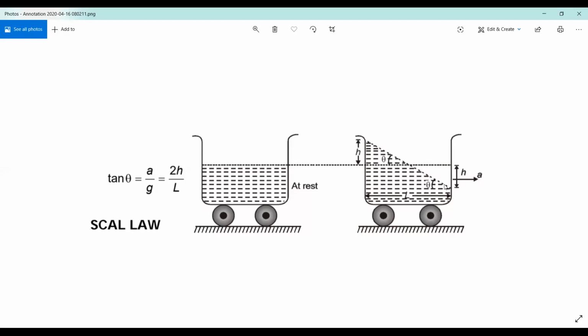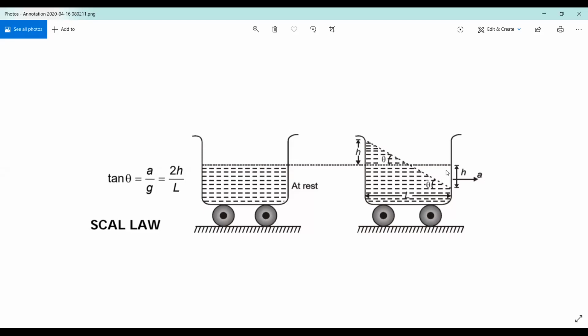If you see here, there is a triangular volume that is being emptied, and since the volume of the liquid in the container is not going to change, this volume of the liquid which is disappearing should appear in some other place, and that will happen at the other end. That means whatever triangular volume disappeared here is now appearing there.